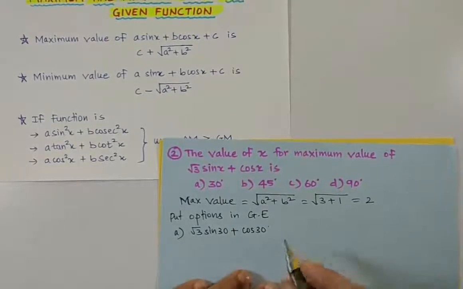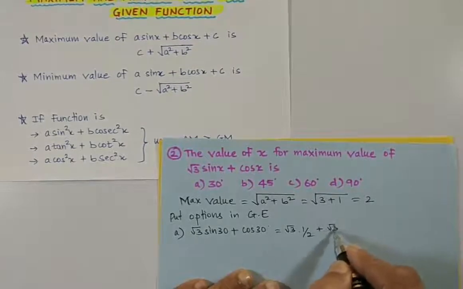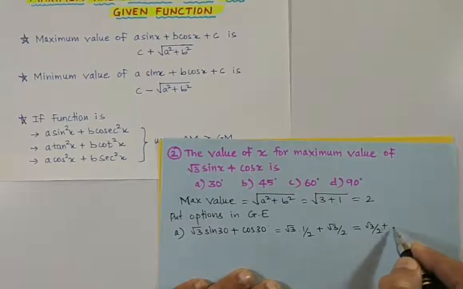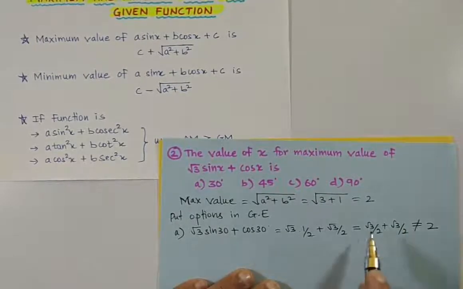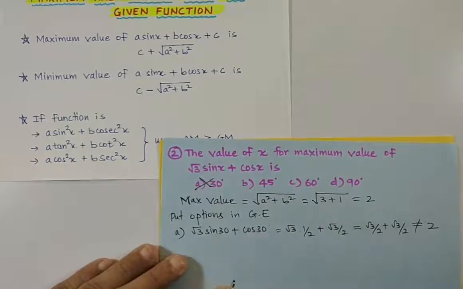If you simplify, sin 30 is 1 by 2, cos 30 is root 3 by 2. So root 3 by 2 plus root 3 by 2 is not equal to 2, correct? You will have 2 root 3 by 2, 2 gets cancelled. So A is not our answer.